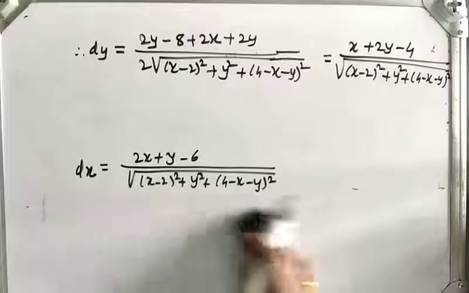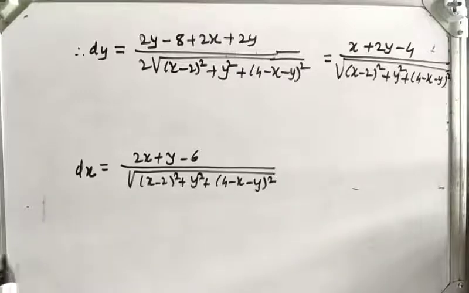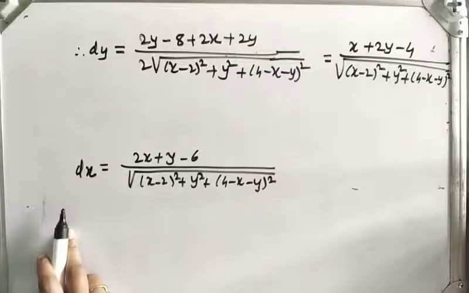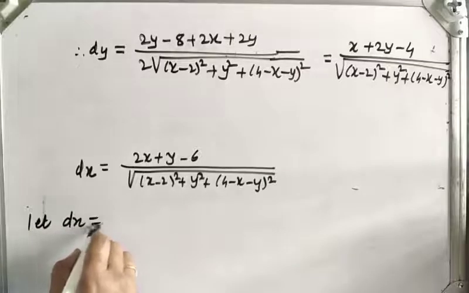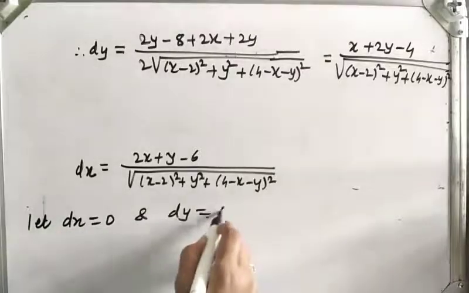Next, what will we do? Let dx is equal to 0 and dy is equal to 0.